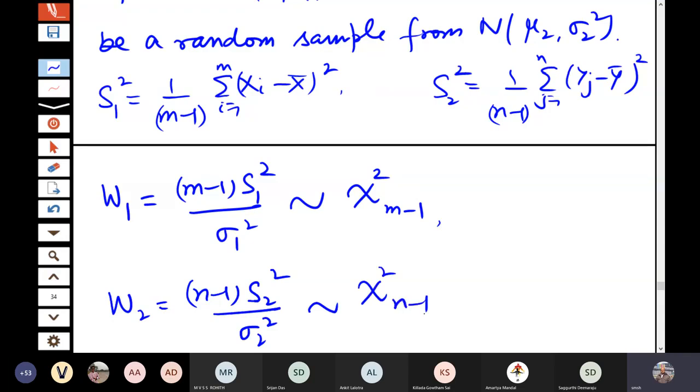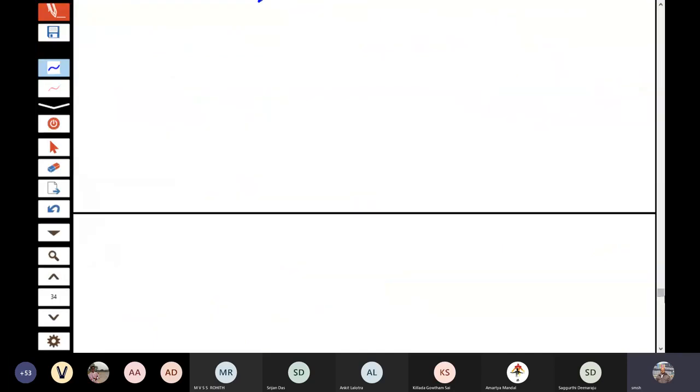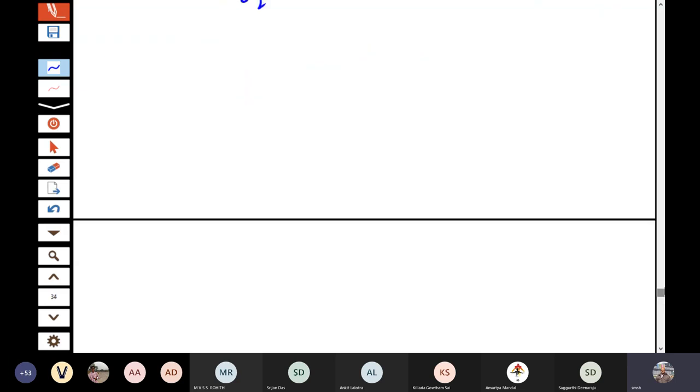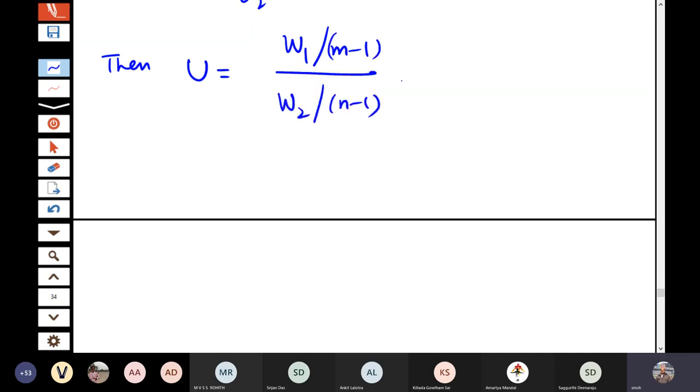W1 and W2 are independent because they are taken from different populations. So you can construct an f variable from here by dividing by the degrees of freedom respectively. That is W1 divided by m minus 1 divided by W2 divided by n minus 1.